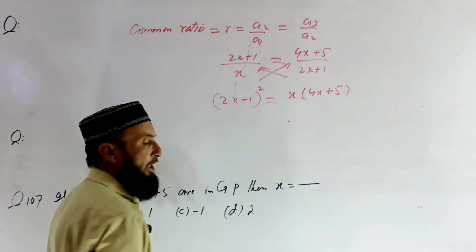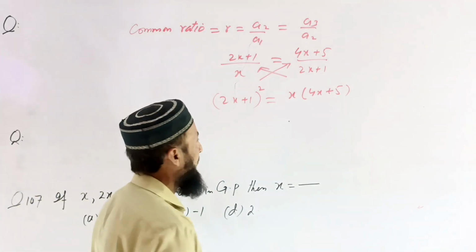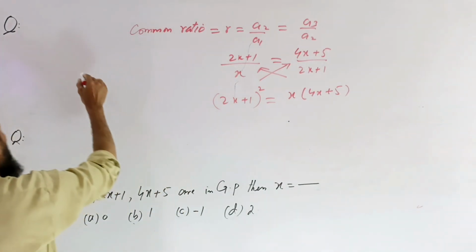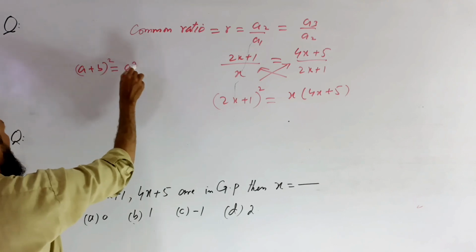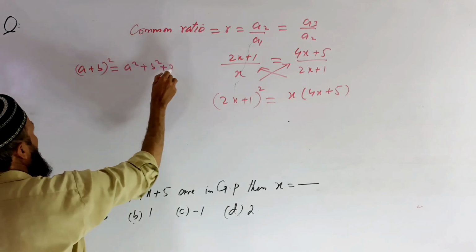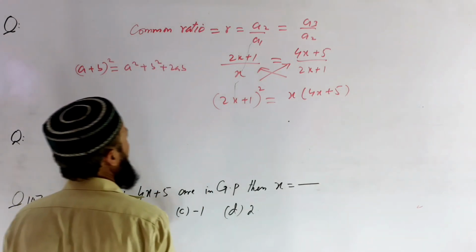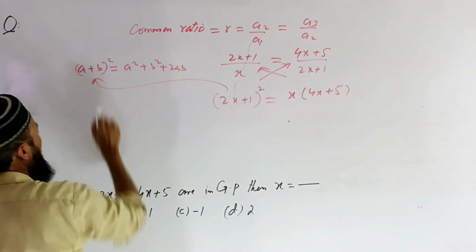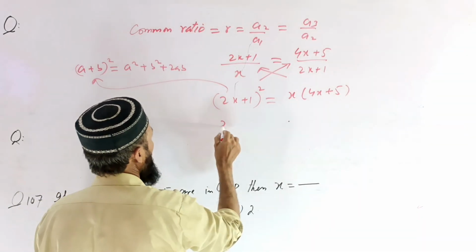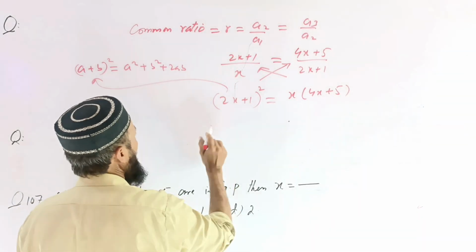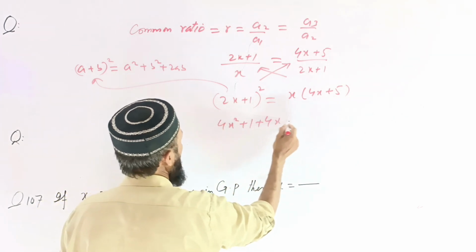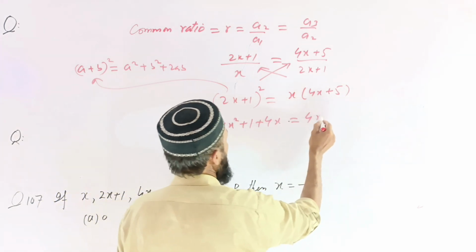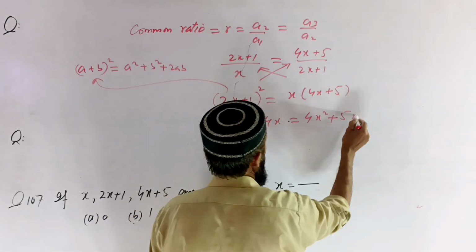Now expanding according to the formula a plus b whole square equals a square plus b square plus 2ab, we get 4x square plus 1 plus 4x is equal to 4x square plus 5x.